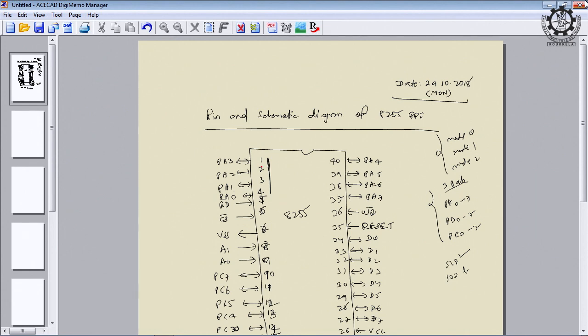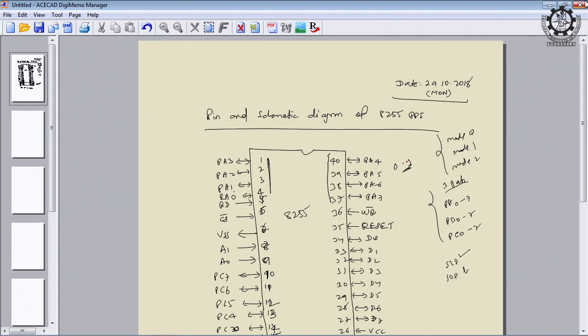Similarly, you can see PA4 to PA7, that is pin number 37 to 40, the upper 4 bits of port A, and these 8 pins are dedicated for port A. So these 4 bits and these 4 bits constitute your port A, and each pin can carry a bit of information, that is 0 or 1. So depending on our 8-bit data item, these ports will be useful. So that is about port A.